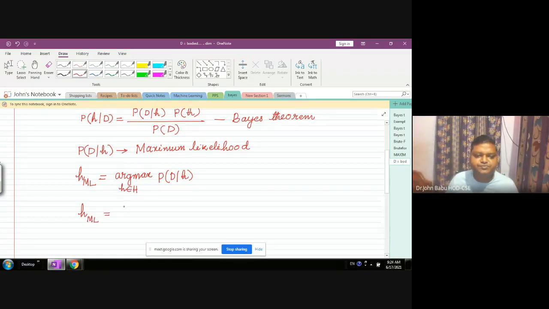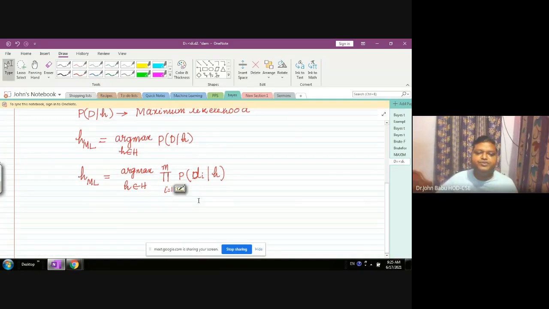So, it is equal to argmax, h belongs to H, the product over i equal to 1 to m of the probability of Di given the H. Here we made an assumption.